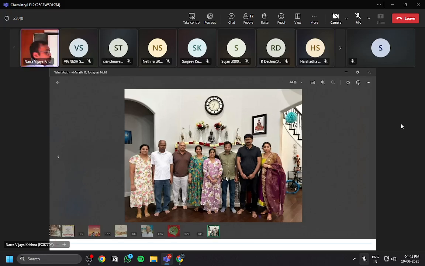From left to right, everyone is my classmate only. Both are my classmates, both got married. Same place, village also same. All are my classmates only, right?